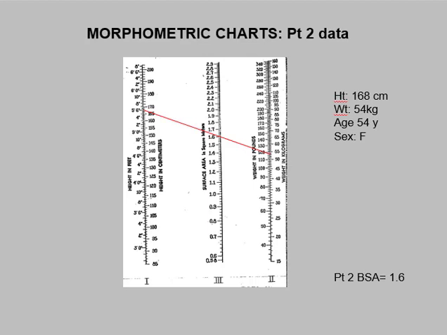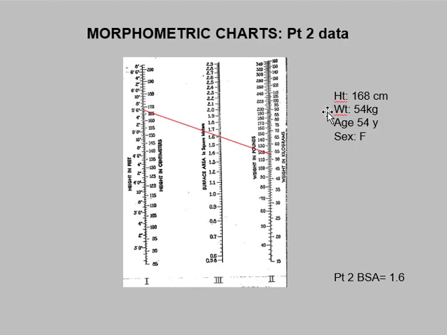So, doing a real example from the patient that we did our example calculations in the previous lecture. A reminder, the height was 168 centimeters, weight 54 kilograms, age 54, and sex female.